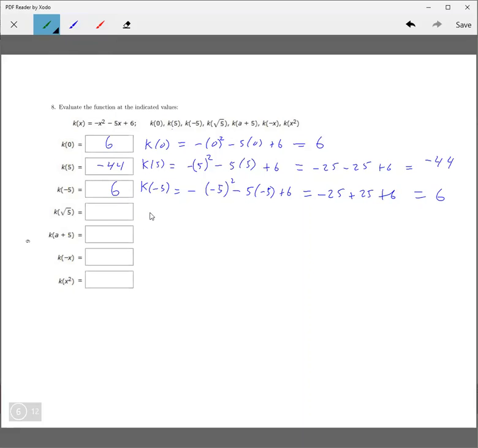Now k of the square root of 5. Here we're going to put the square root of 5 inside, like that.